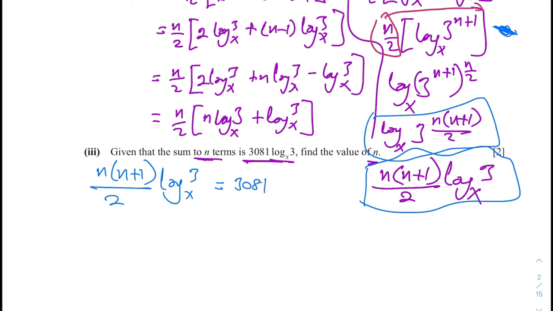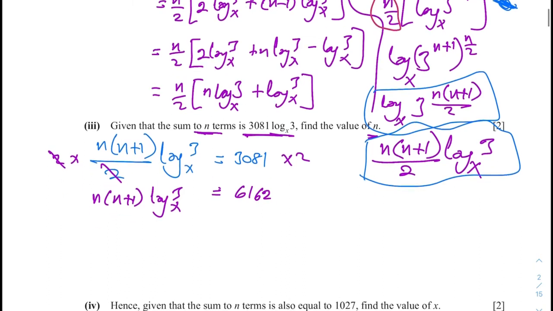This is equal to this. So I just multiply by 2 so that I'll get rid of this 2, so that I can write this. And 3081 times 2, that is 6162. All right, and then let's see, how do I find my n?